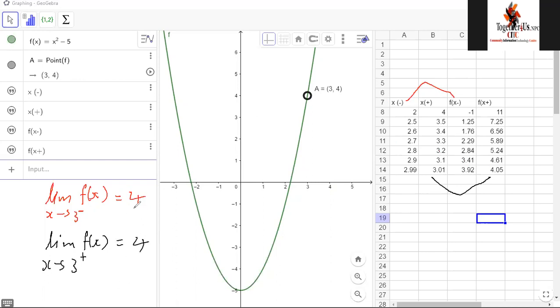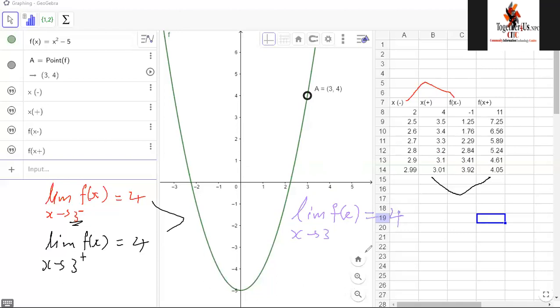Now, because the limit as x approaches 3 from both sides, that is the left and the right, is the same, that is 4, we come to the conclusion that the limit of f of x as x approaches 3 is 4.